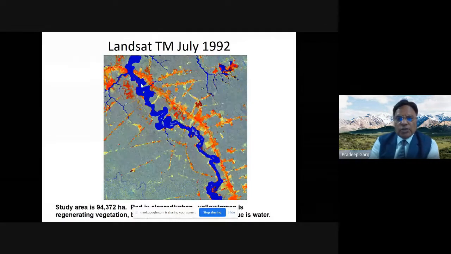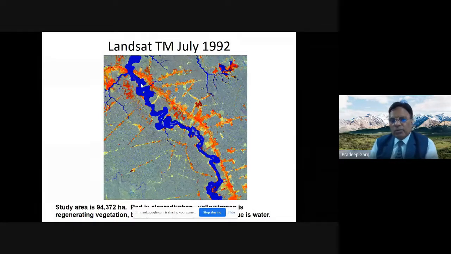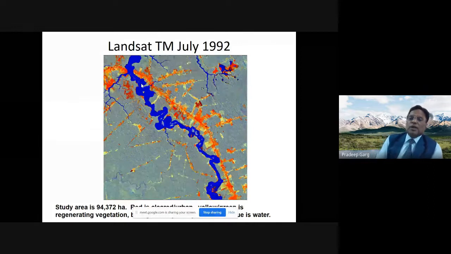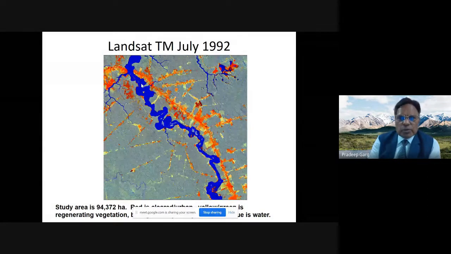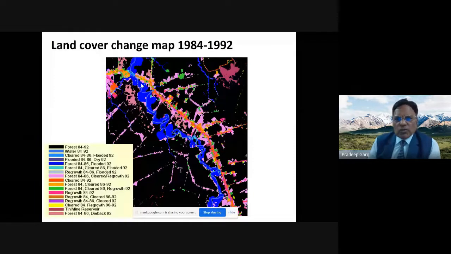In 1992, when there's a flood in the river, it will definitely harm those urban areas which are closer to the floodplain of the river. So it will definitely harm those people. So you can carry out this kind of change analysis from those satellite images.